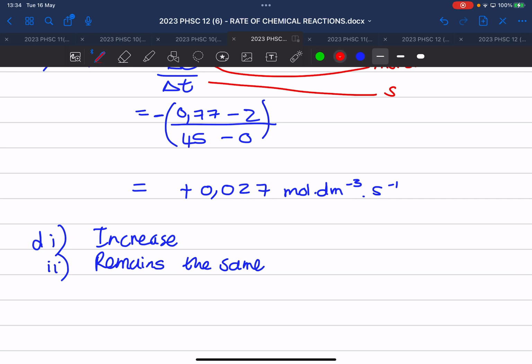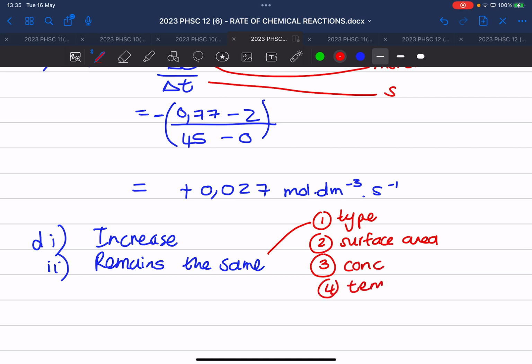Okay? Remember, the 5 things that can change the rate: the type of substance you have, the surface area, concentration, temperature, and the catalyst.